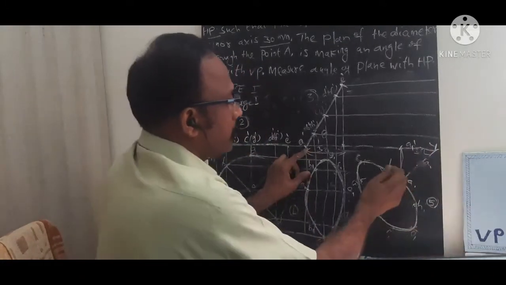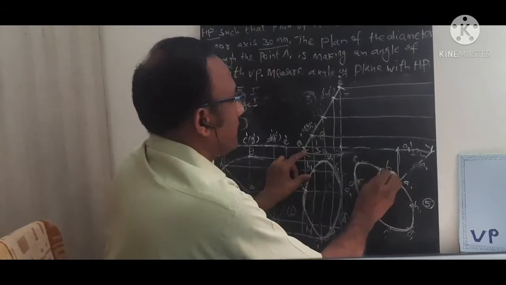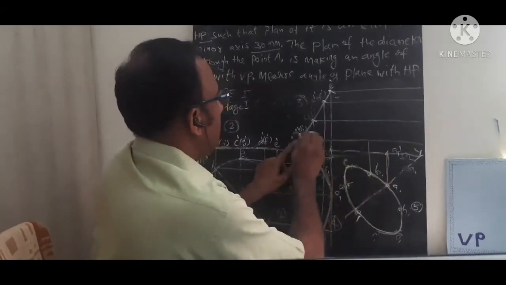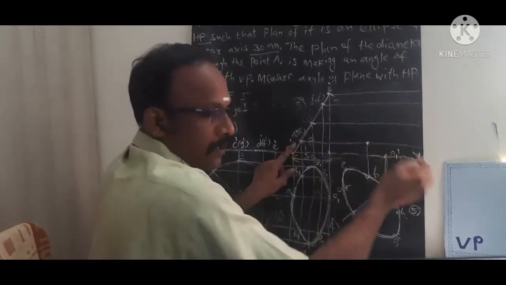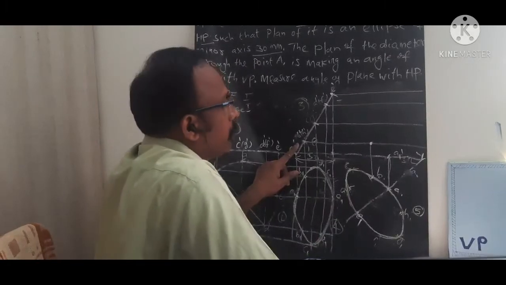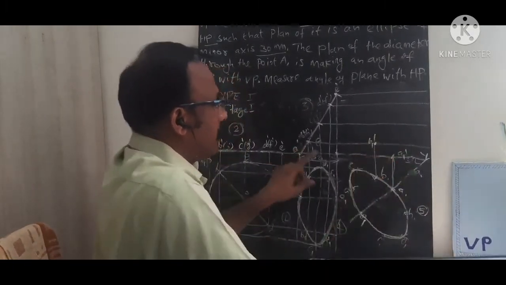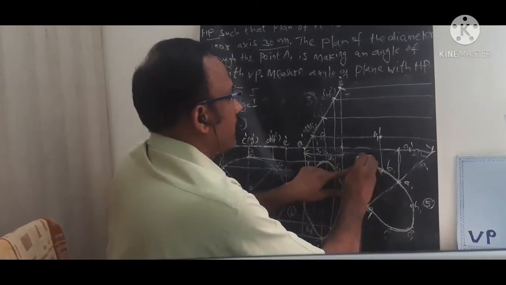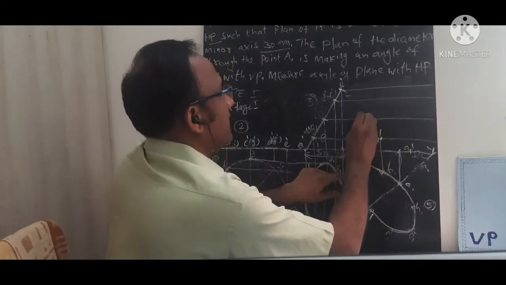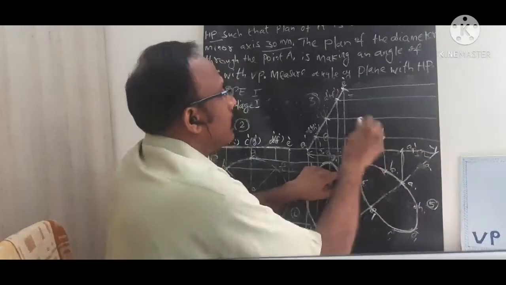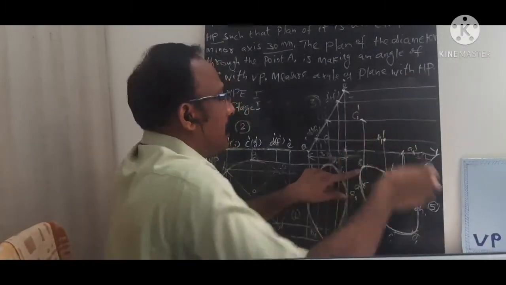Now from this point B1, I am going to draw the vertical line and it meets at this point here. This is my point B1 dash. Then from C1, I am going to draw the vertical line. It meets at this center line. So this is my C1 dash.